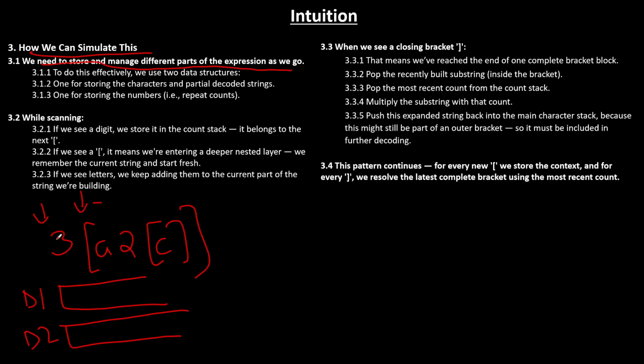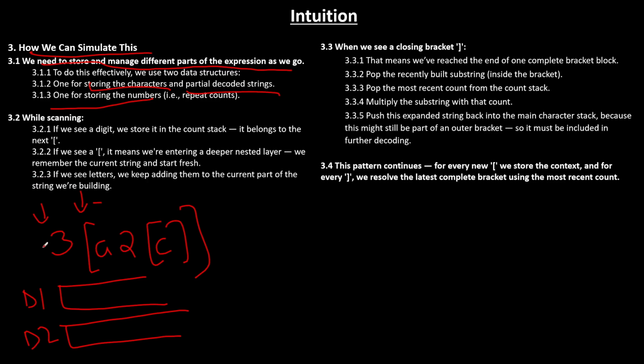Now don't worry about what data structure it is going to be. If you have understood it well and good, please move ahead and solve the problem. You're doing great. But if you have doubt, please just focus on the intuition. Now, one data structure I will be using for storing the characters and decoded strings, fine. And one we will be storing for the numbers, fine.